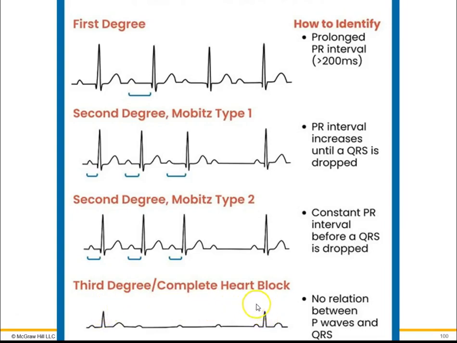So here you have the QRS, the ventricles, beating at a much slower rate. There's a lot more time in between this beat and this beat than there is between the P waves. The P waves, the atria, are beating much faster, and so you can tell that the atria and the ventricles have become uncoupled here.